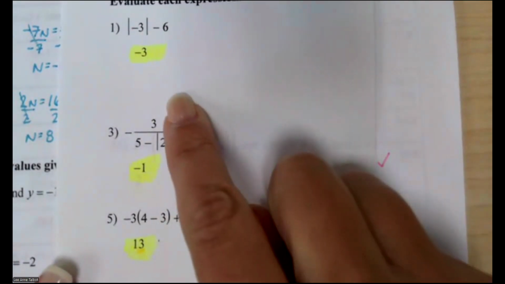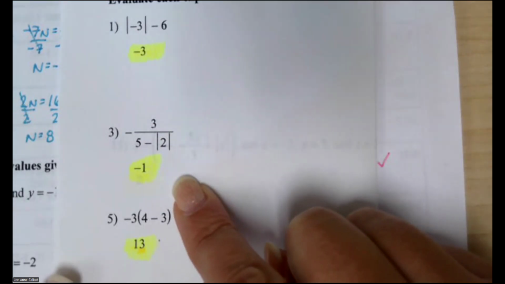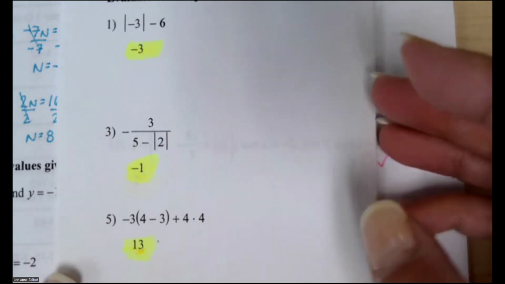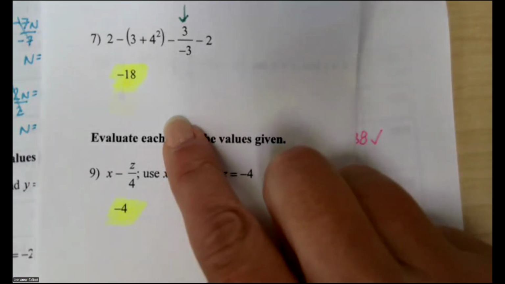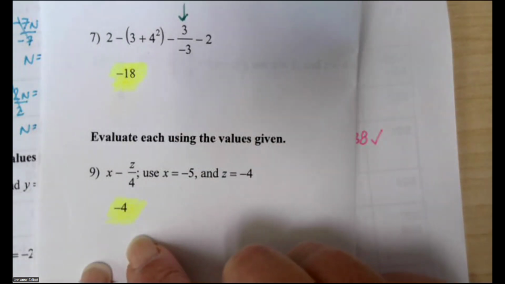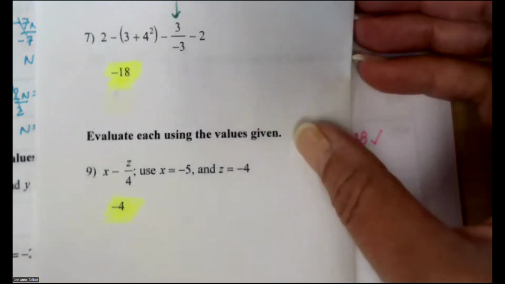Okay, number 1 is -3. Number 3 is -1. Number 5 is 13. Number 7 is -18. Number 9 is -4. Okay, I don't know if those were the ones we were debating, but okay, there's the first few.